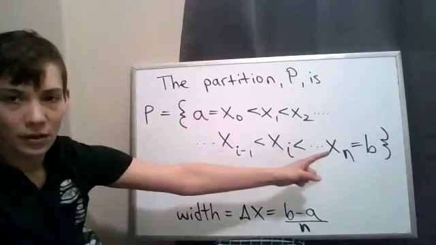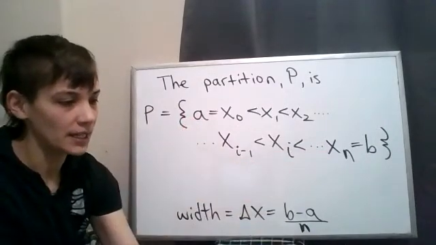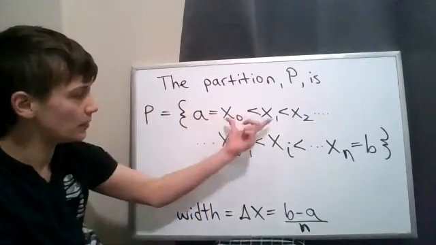Okay, we go from a over to b, and we also talked about picking values from the subintervals.